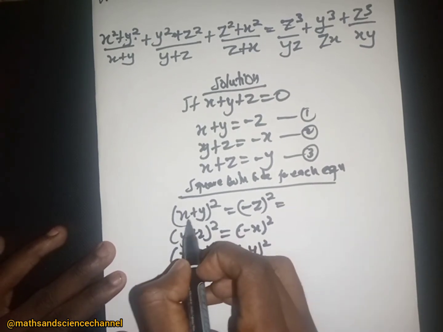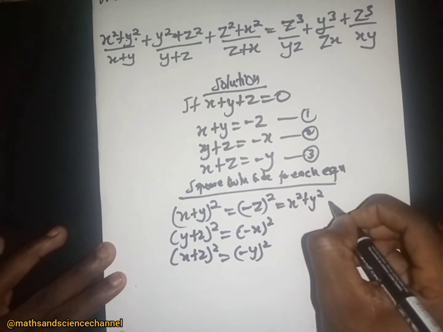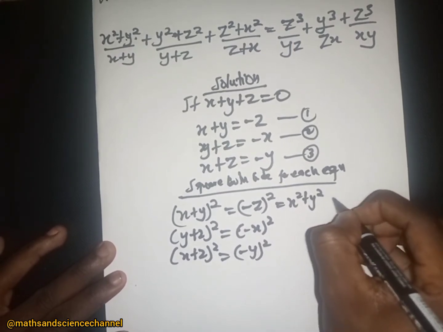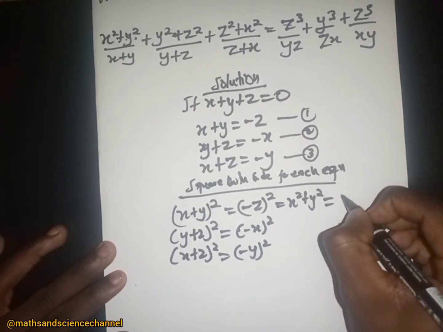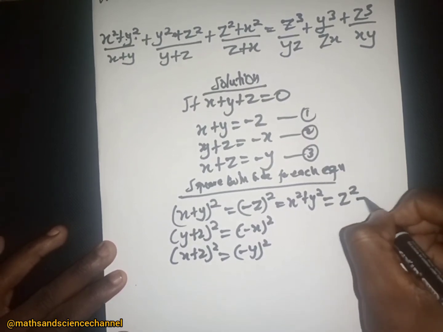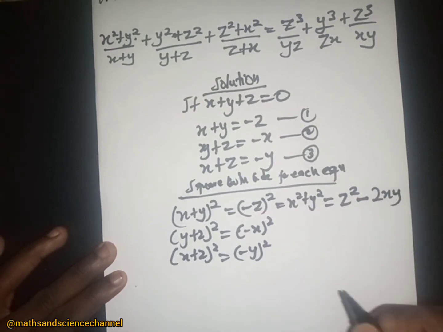And now when we square here, we are going to get x squared plus y squared plus 2xy, but I'm sending it to the other side, so it's going to be z squared, then minus 2xy here.